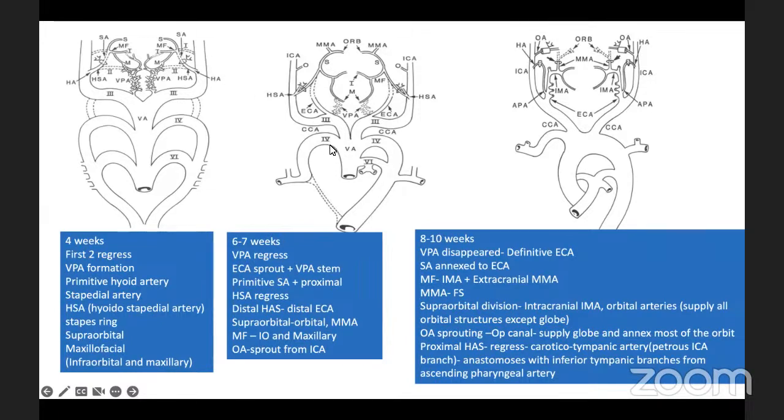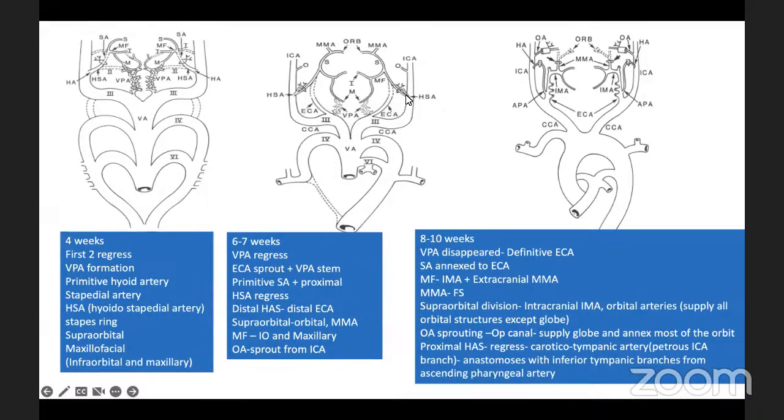What happens at 6 to 7 weeks is that the ventral pharyngeal artery slowly starts regressing, and there is outpouching and sprouting of vessels from the main 3rd arch, which forms the proximal segment of the ECA. This is the ECA sprout and this is the VPA, which is regressing. But some part of the VPA stem and the ECA fuse and form the proximal, definitive ECA.